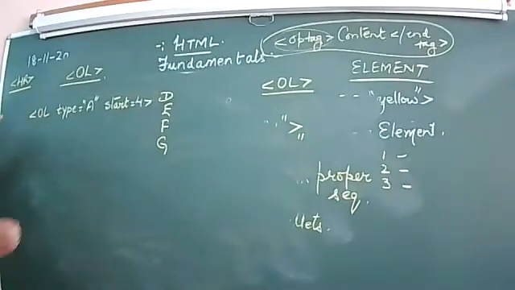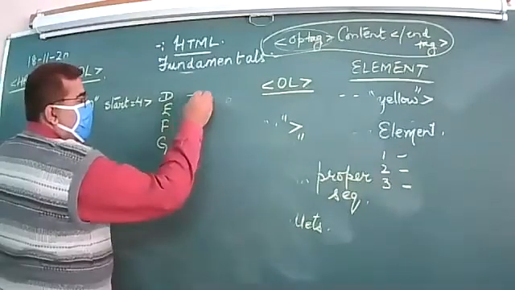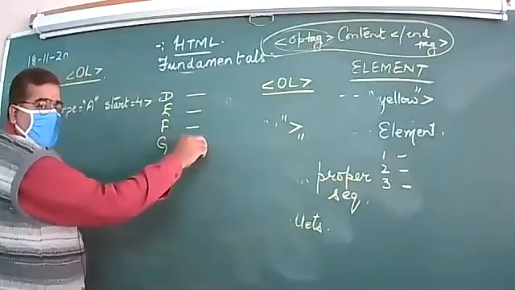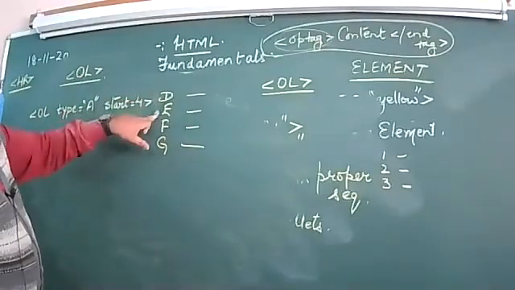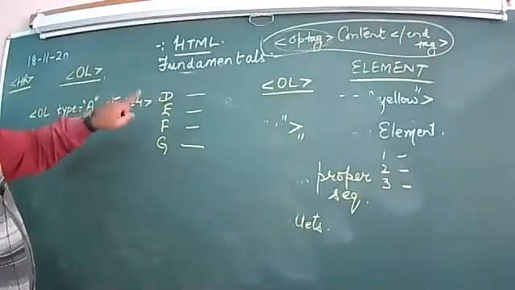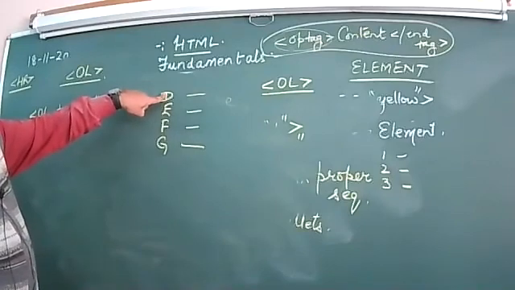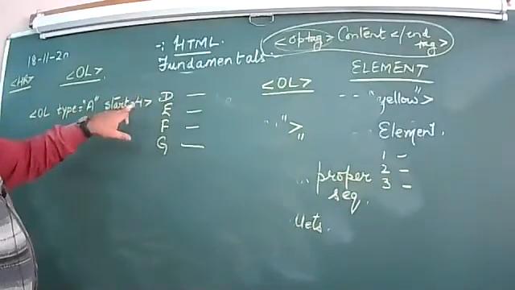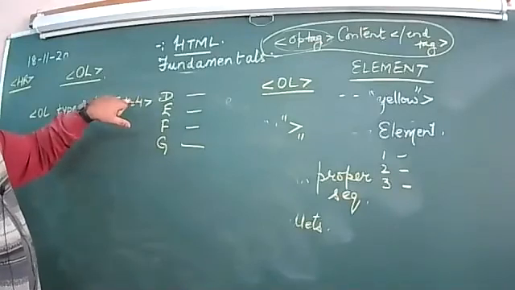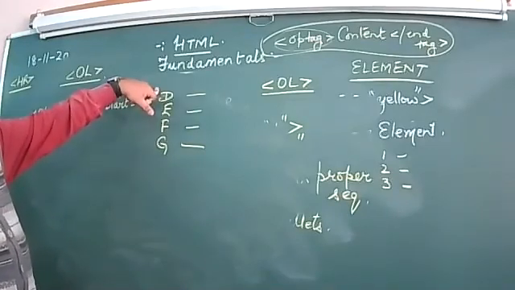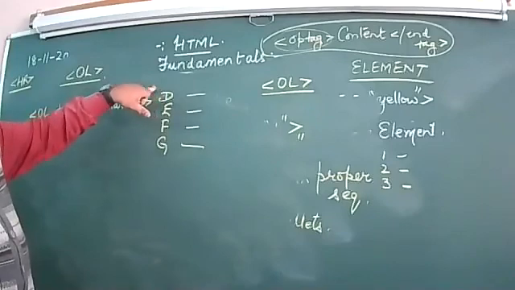Clear? So what will happen now? Whatever list is being displayed, it will be displayed taking into consideration the capital ABC, but the starting character will correspond to the value that has been taken inside the start attribute, that is D, because the value is 4 here.